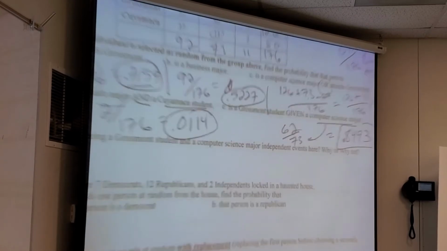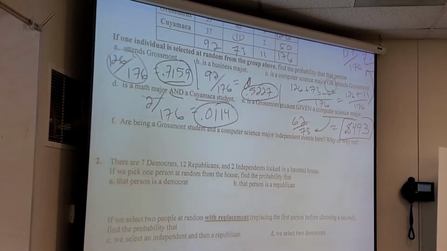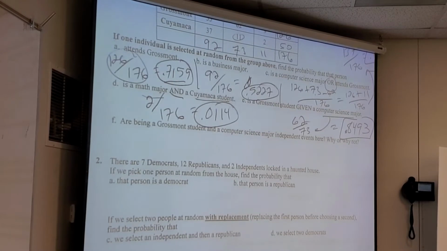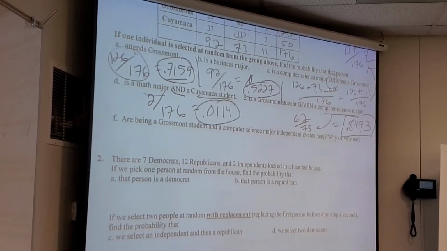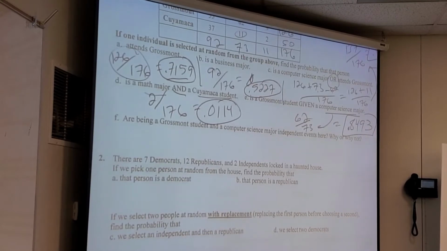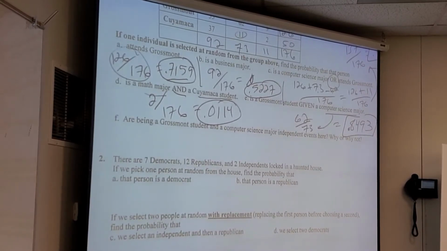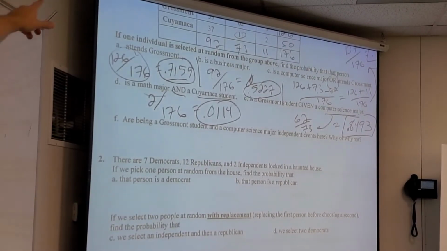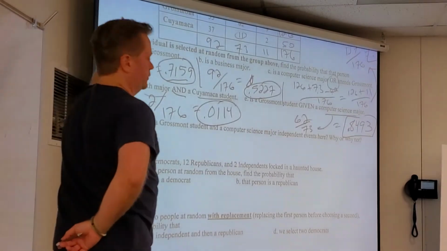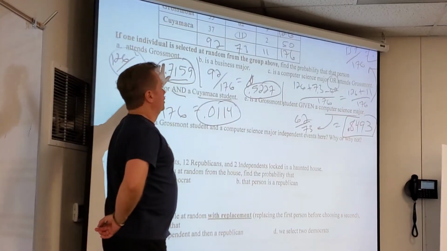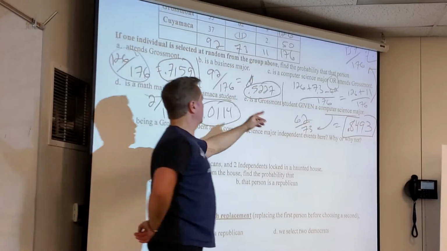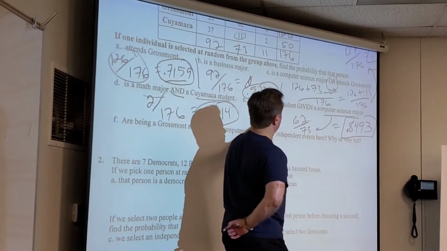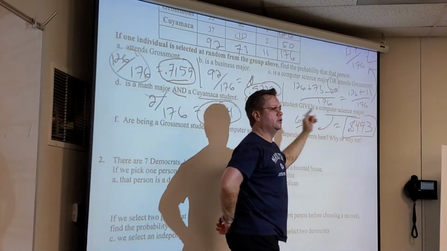I don't care how much I say this, and I understand this is not immediately obvious, but it's a little bit more direct than people seem to believe. What's the probability somebody attends Grossmont? 0.7, almost 72%. If I know they're a computer science major, does the probability they're a Grossmont student change? Look at the number.